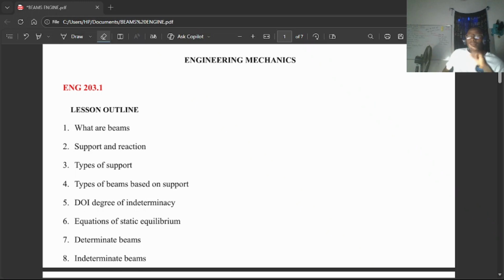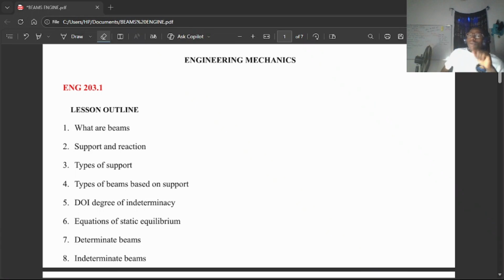You might have a beam, and you see that we have two reactions for this beam. Those are the reactions you are seeing with your eyes. Am I communicating? You are seeing them with your eyes because you know the types of support, and when you know the type of support, you should know the type of reaction for that support. That's why you are seeing it with your eye.